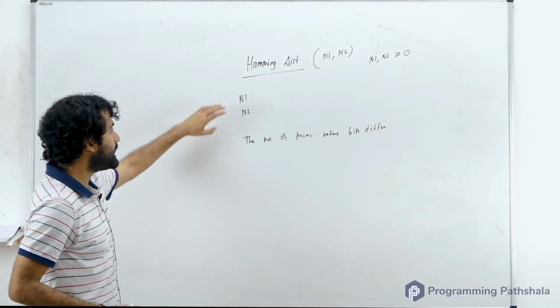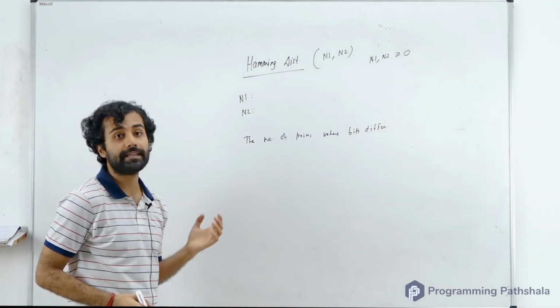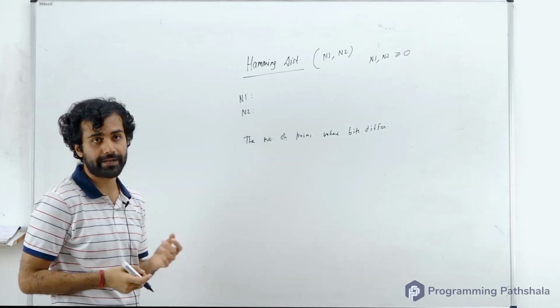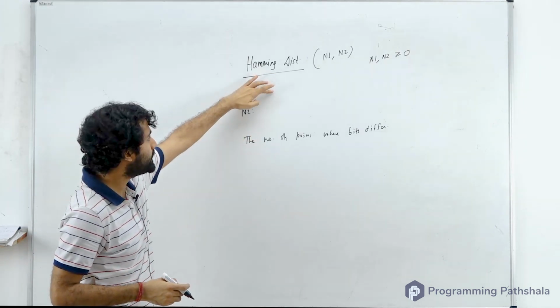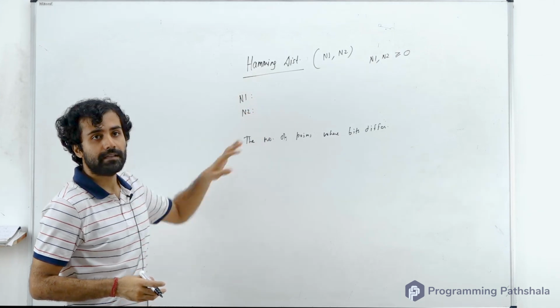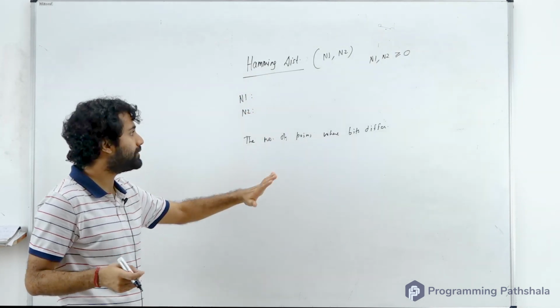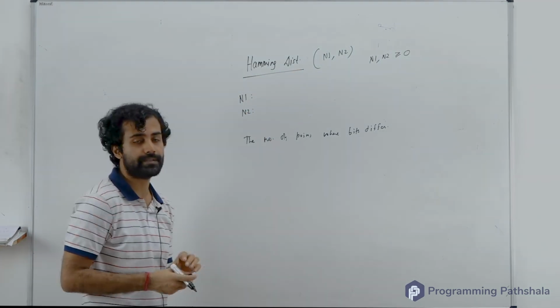Number of positions in n1 and n2 where the bit values are different. So either it can be 0 here, 1 here, or 1 here, 0 here. That count is equal to the Hamming distance of two numbers.